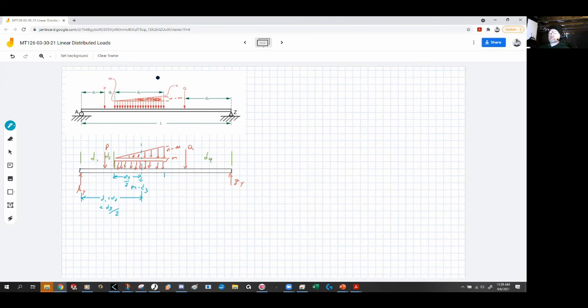So that should not be new if you've done any of these uniformly distributed loads. But then we've got to do the triangle. And the same thing applies as to what we had before. It would be 2/3 from the point.